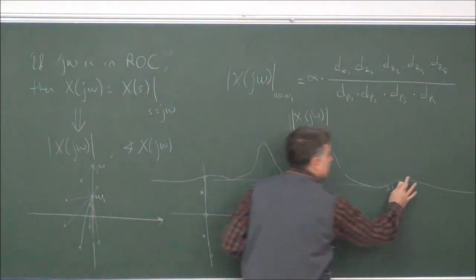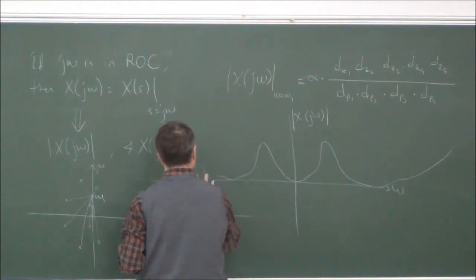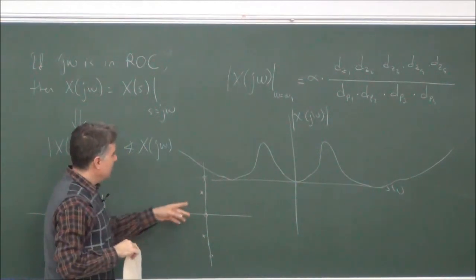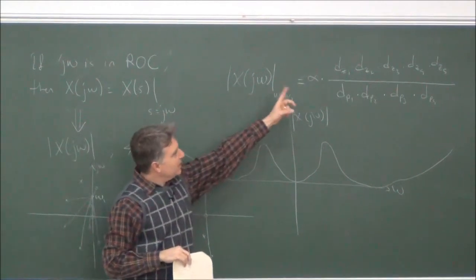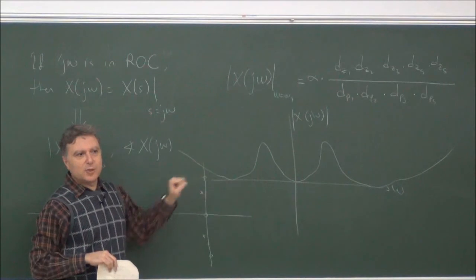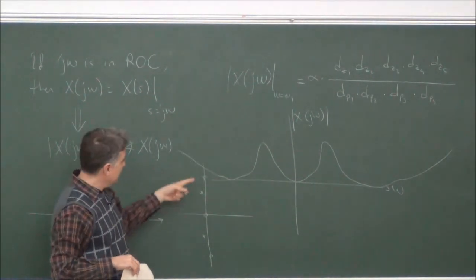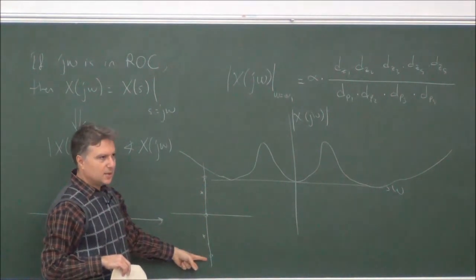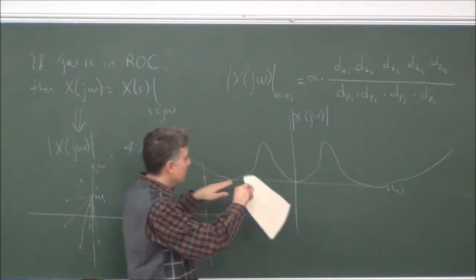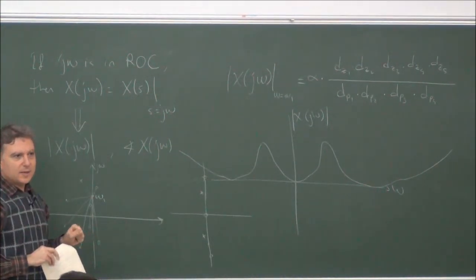It will extend to infinity. Excuse me about this, because the number of zeros is more, the numerator multiplication will be more than the denominator multiplications. How many distances will there be in the numerator? There will be 3 distances to these 3 zeros, and there will only be 2 distances in the denominator, so they will go to infinity as omega goes to infinity.